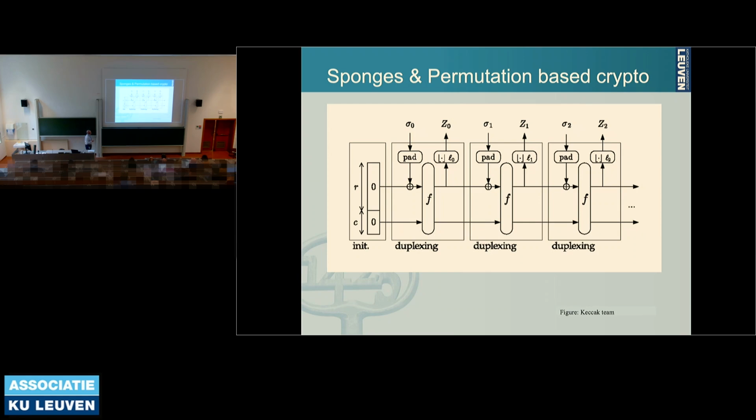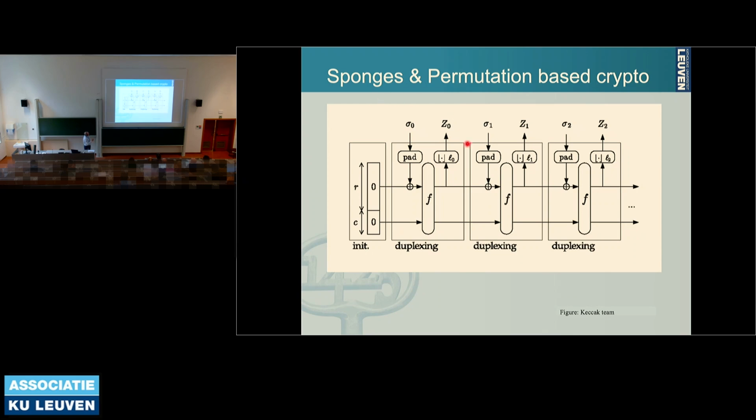Yeah? What is shown on the slide here is where you use the same component, but also you use the squeezing to output bits that you will XOR with the plain text to get ciphertext. So you use one component to produce a tag and also to produce a key stream that you can XOR to the plain text to get ciphertext like in the stream cipher. Yeah?